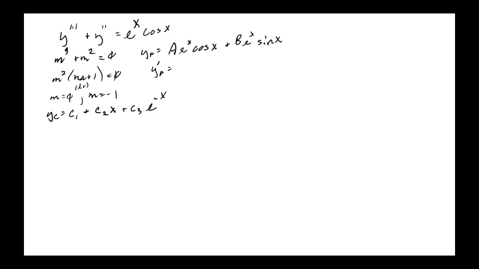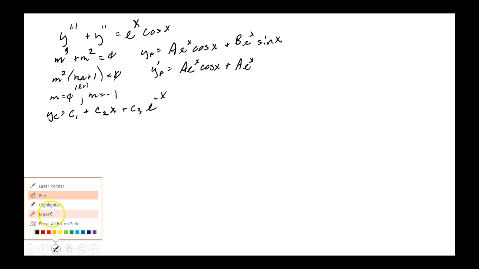So, I'm going to do derivative of the first, which would be a e to the x times cosine x, plus the first, a e to the x, times derivative of cosine x, which makes that a minus sine x.